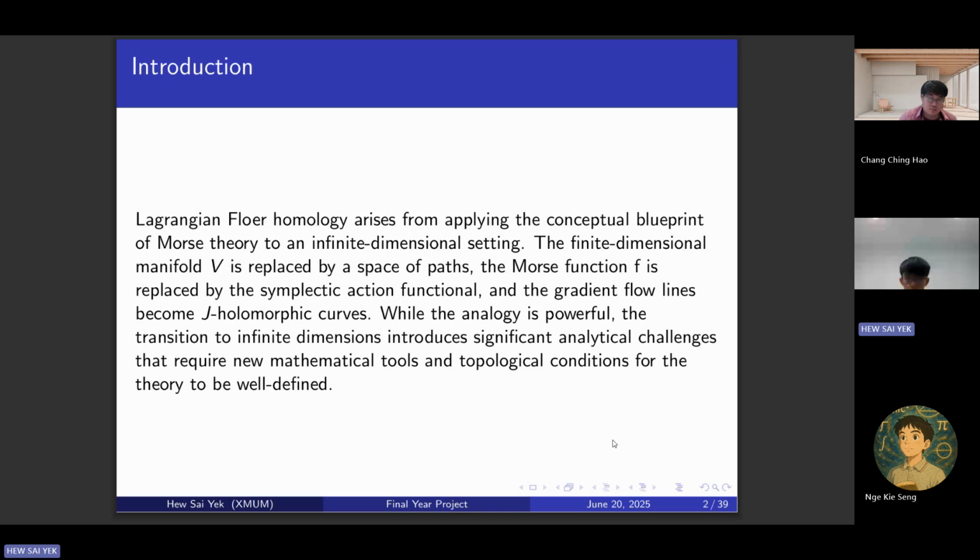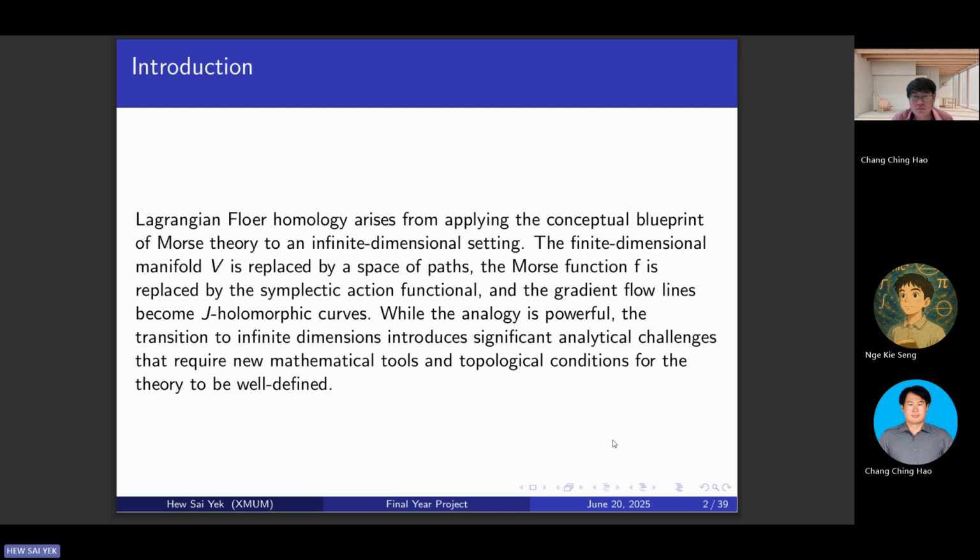Now we go to Lagrangian Floer homology. Let M be a symplectic manifold, and L0 and L1 be compact Lagrangian submanifolds that intersect transversally. Suppose further that pi_2(M, Li) equals 0.